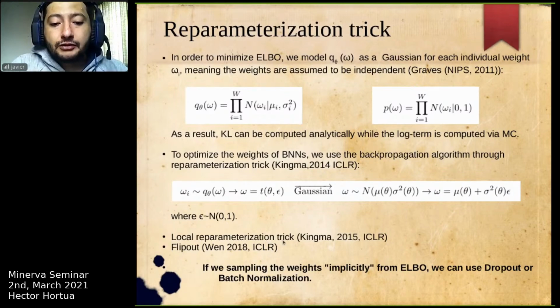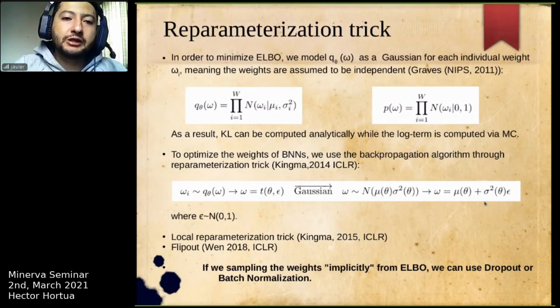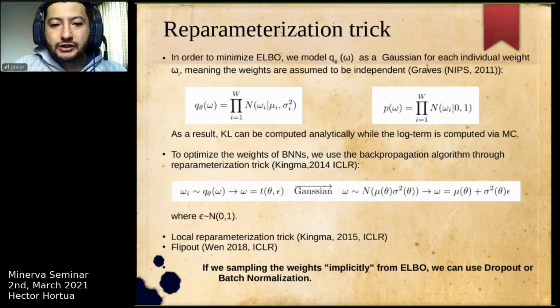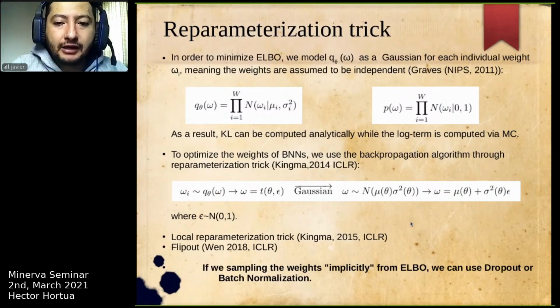Now, this method is really good for updating the parameters of the distribution, but this parameterization has a high variance. In order to reduce this high variance, there are some methods like the local reparameterization trick and also flipout. Flipout is where you take the mini batch in which you update the parameters of the distribution, and then you multiply with a random matrix which contains elements 1 and -1, and basically you try to get independent realizations for every mini batch.